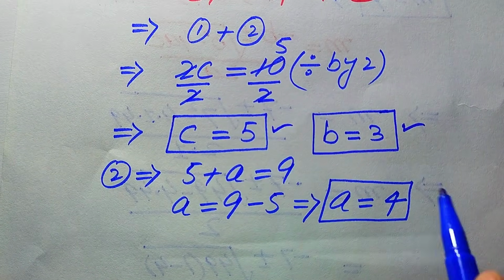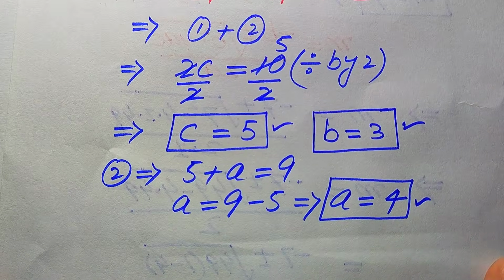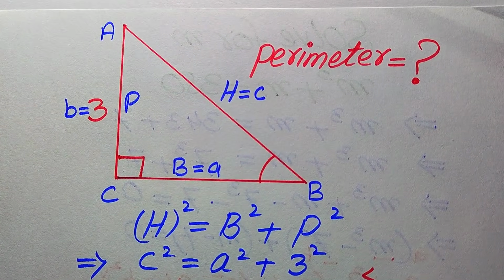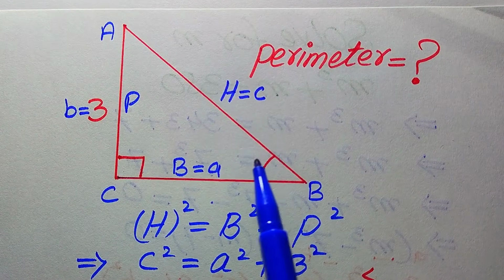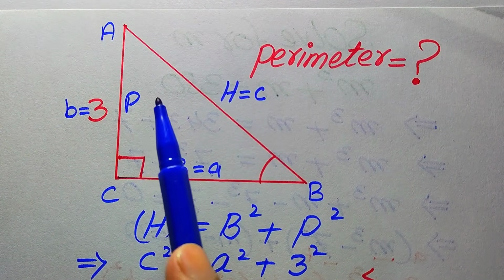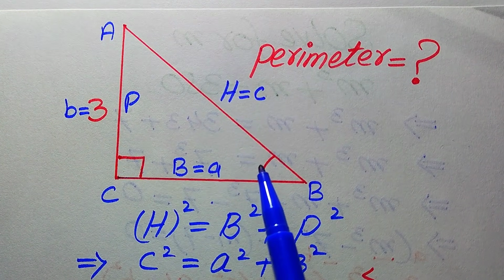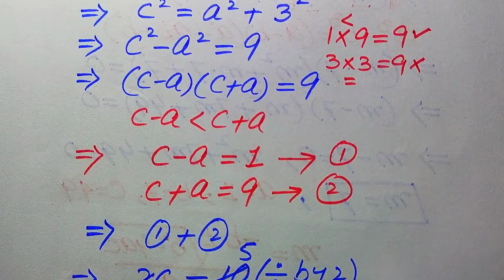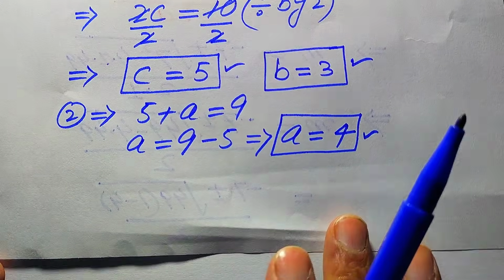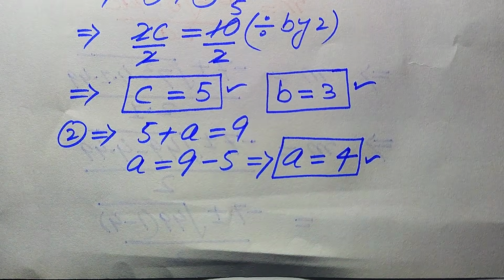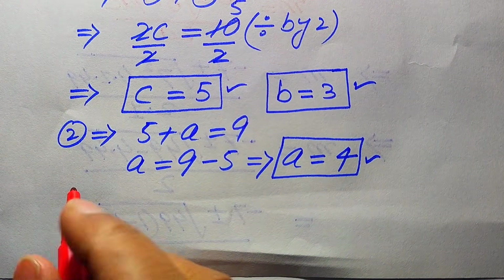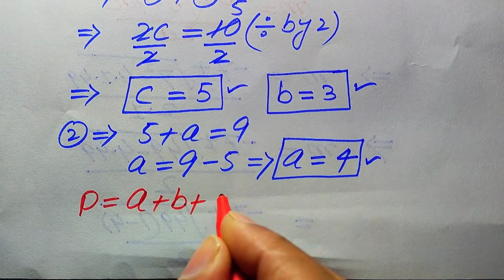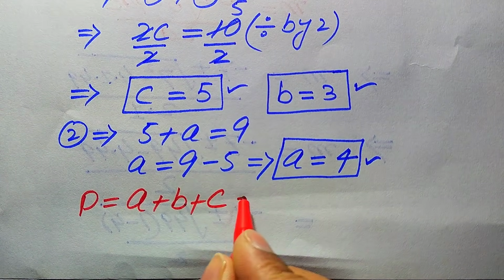So we get the lengths of all the sides of the given triangle, and you very well know what the perimeter is. The sum of the lengths of all the boundaries of this triangle is called its perimeter. We use this formula and write that the perimeter of the given triangle equals the sum of the lengths of its sides, a plus b plus c.